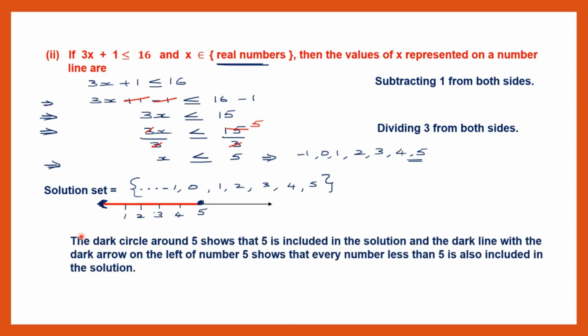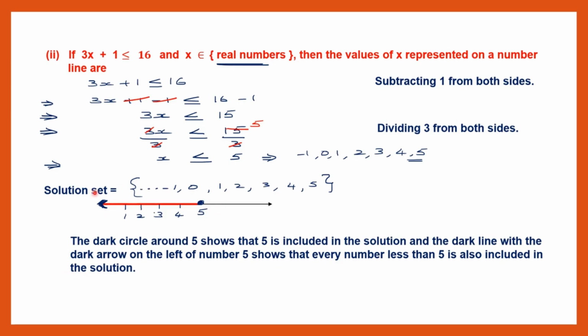Okay, so the dark circle around 5 shows that 5 is included. Now if 5 is not included, we don't put a dark circle, we put a hollow circle, a circle which is not shaded inside. So here we have put a dark circle. That means it's showing that 5 is included, and the dark line with the dark arrow on the left of number 5 shows that every number less than 5 is also included in the solution.